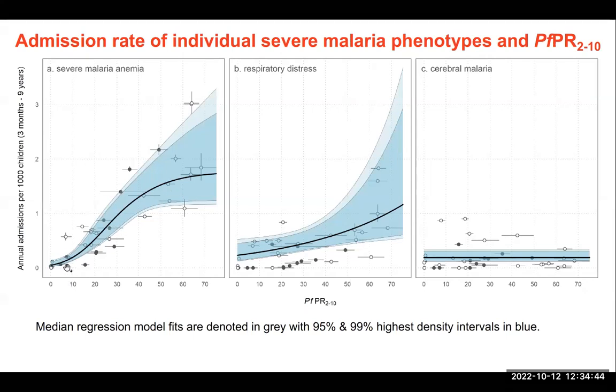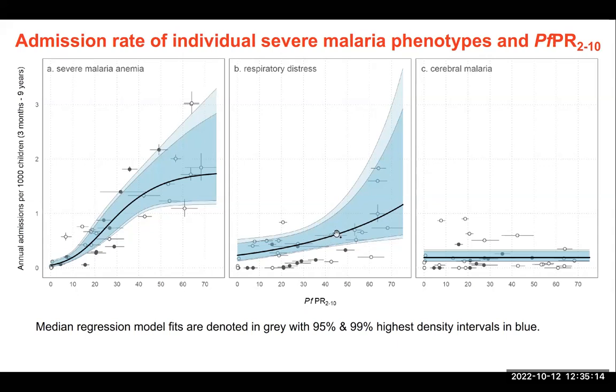When the community parasite prevalence was low, the admission rate was very low, but it increased sharply thereafter and was asymptotic at high transmission areas, as you can see here. We also observed a positive correlation between the rate of respiratory distress and infection prevalence, as shown by this second panel, although the rate of RD did not increase as dramatically as what we saw with SMA.